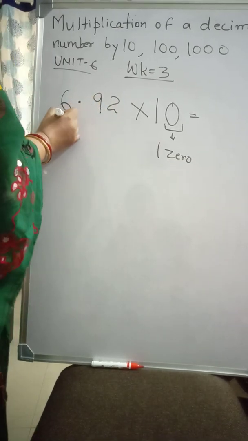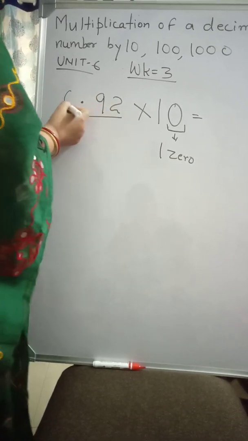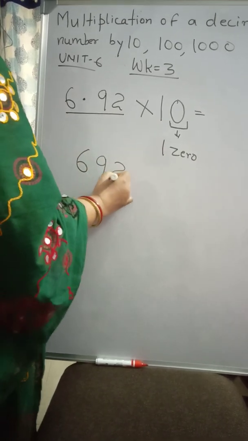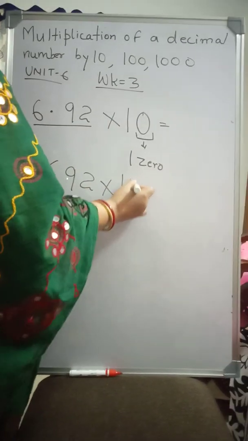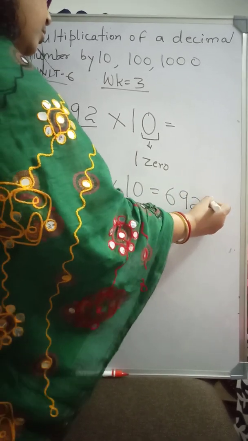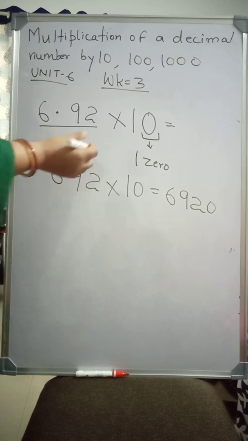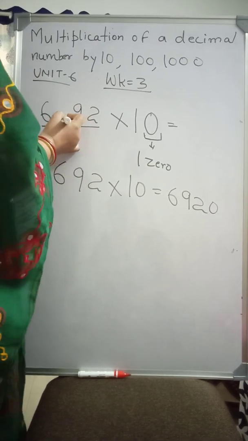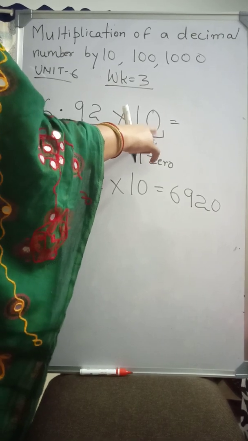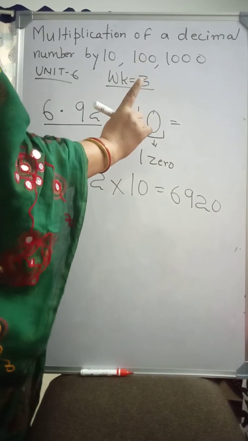So firstly we multiply the number 692 by 10. So what will be the product? 6920. Right?